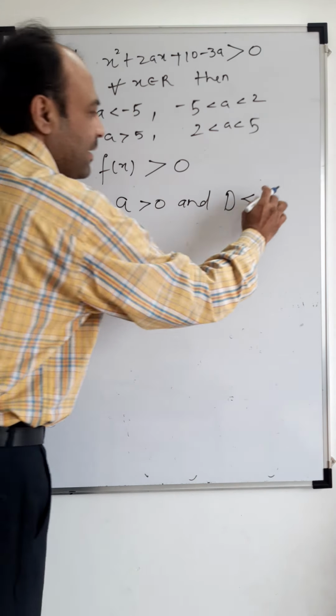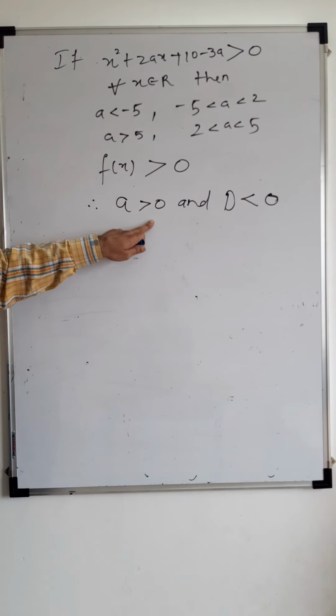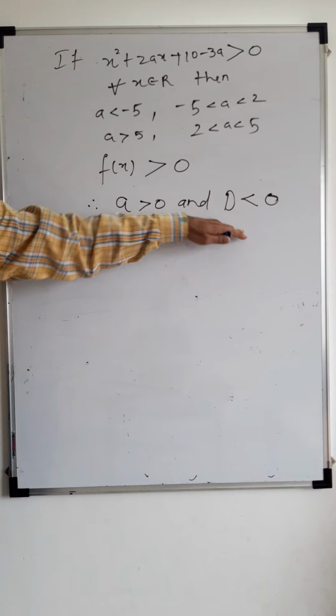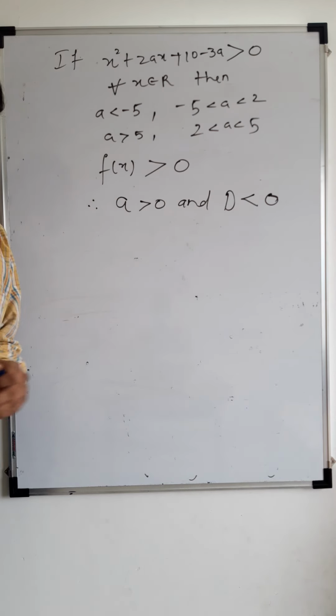This is what we have seen in the concept. When f(x) is greater than 0, a greater than 0 and D less than 0. If these two are there, then f(x) is greater than 0 if and only if. Both conditions are necessary and sufficient. Fine. So now we'll start.